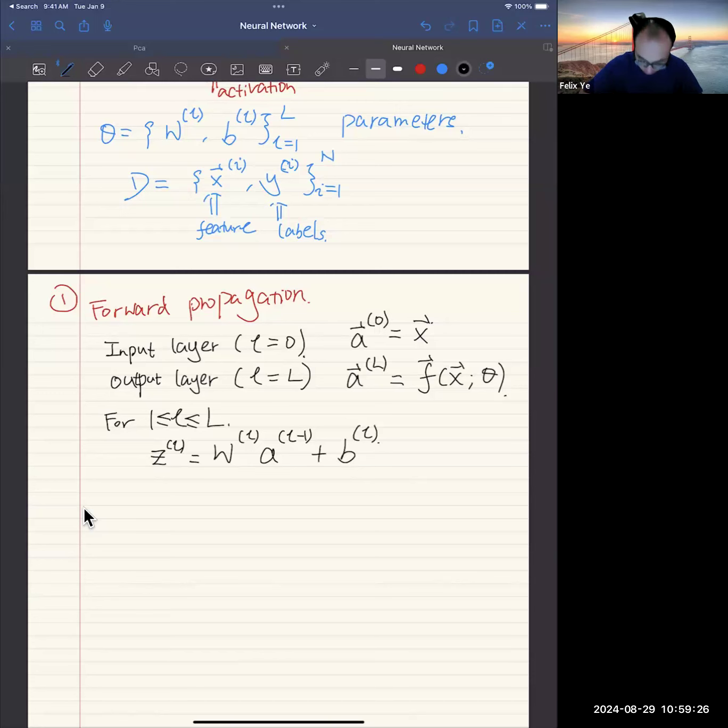These are all vectors here. This is nothing but matrix-vector multiplication. Then at the end, we get AL equal to applying the activation function. So this is step 1, this is step 2, G of ZL.